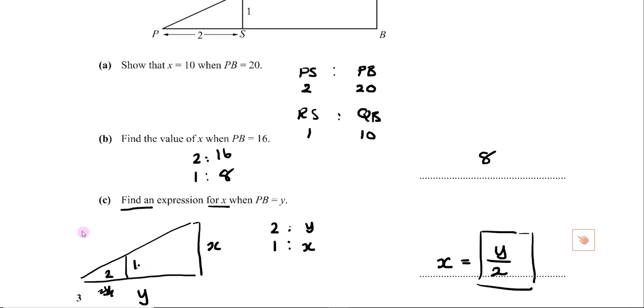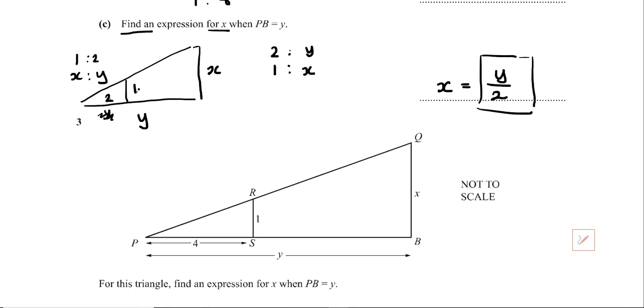So we've also got the ratio 1 to 2, and x to y is another way of writing it with our similar shapes. This is why I said do work on similar shapes. So we know that we take x, we multiply it by 2 and we get y, or we have y and we divide it by 2 and we get x. Yeah? So we've got y divided by 2.